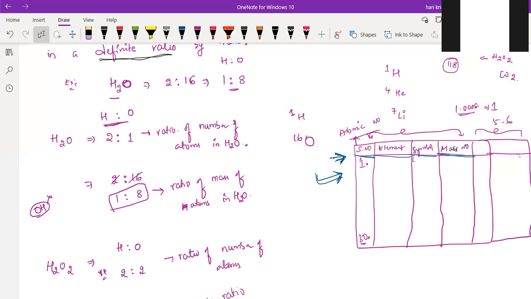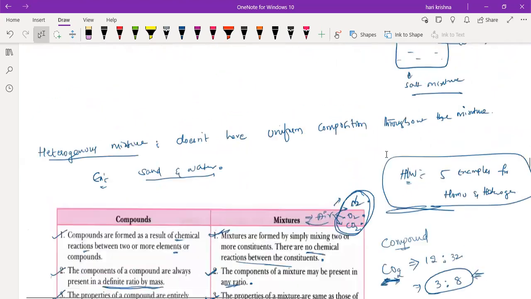What about the remaining people? Sir, based on the atomic number, I can also do it. Okay, no problem. You can remember based upon the atomic number or directly. So what is that shortcut trick based upon the atomic number?